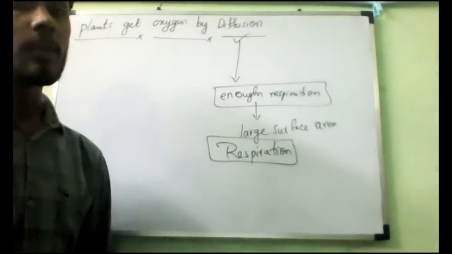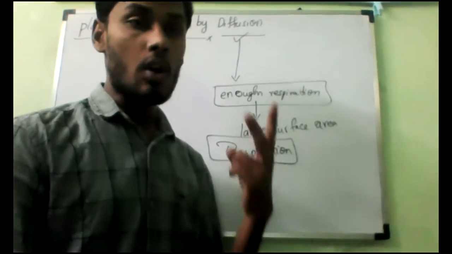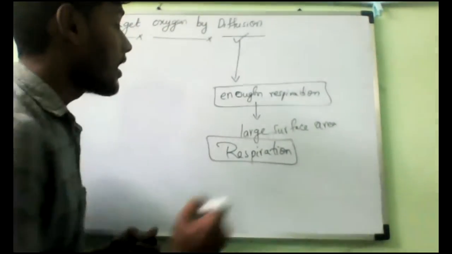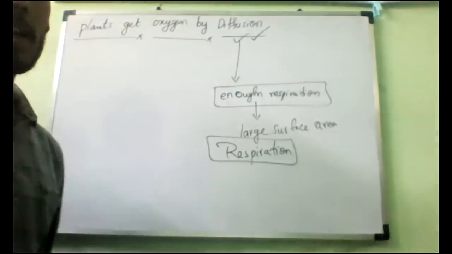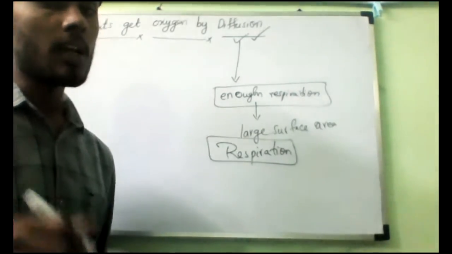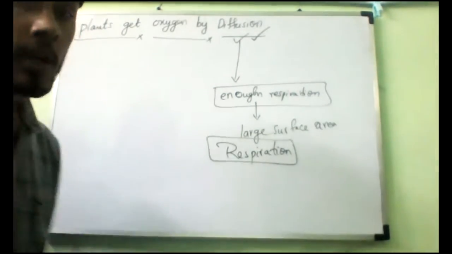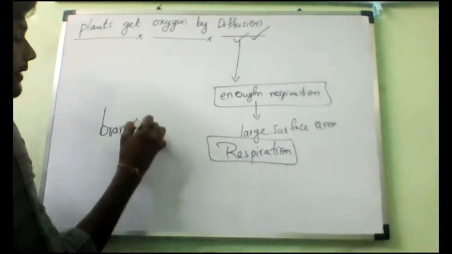And what is the process? How can plants get oxygen? By the process called diffusion. Why is diffusion alone enough? Because plants have a branching shape.